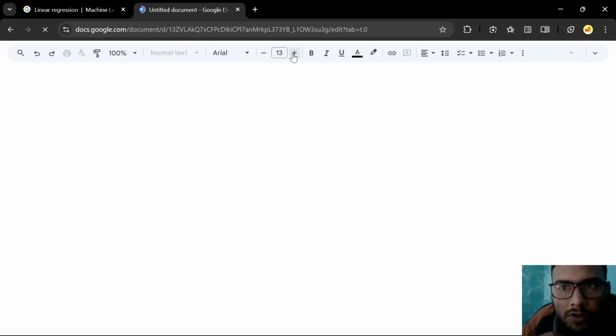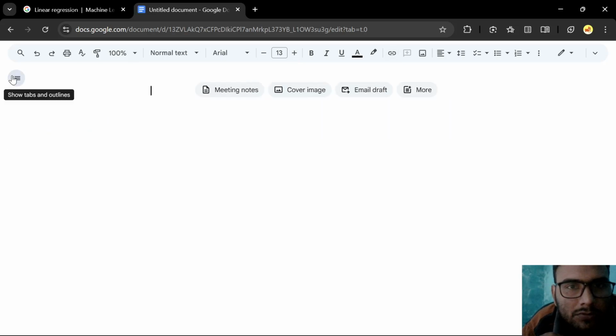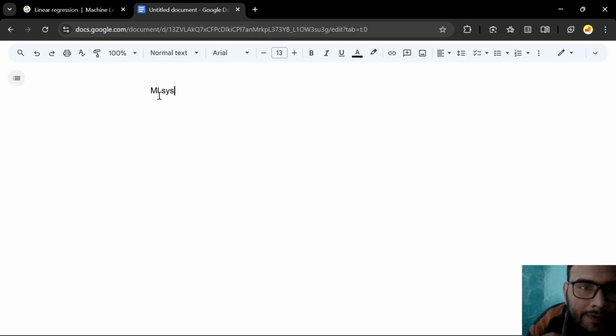So what we have studied until now is that in an ML system there are multiple types of learning: supervised, unsupervised, reinforcement, and generative AI.